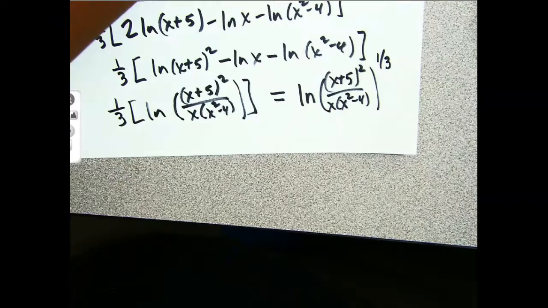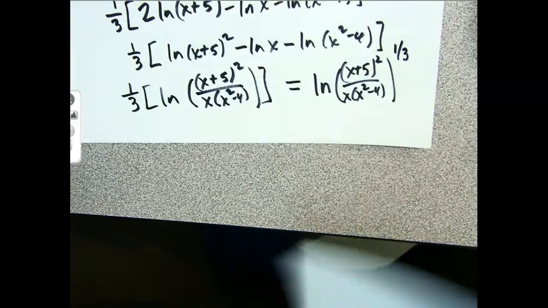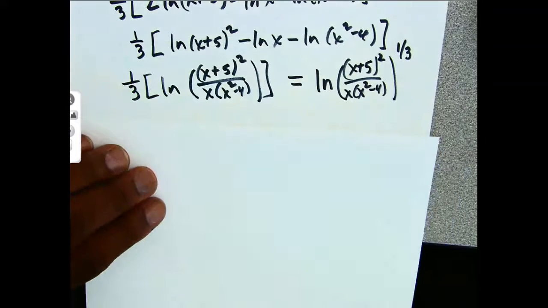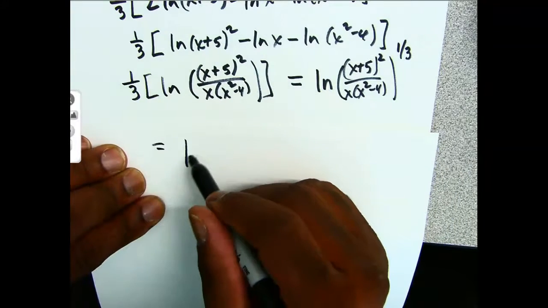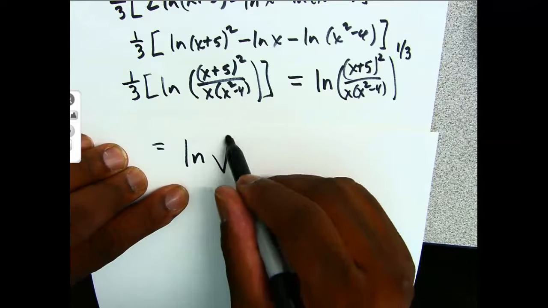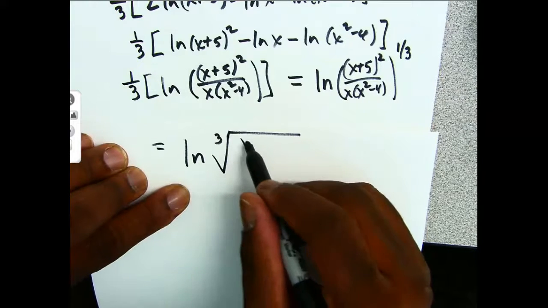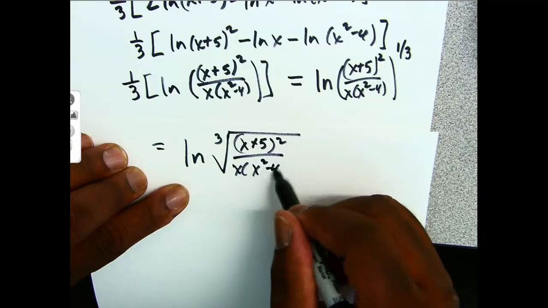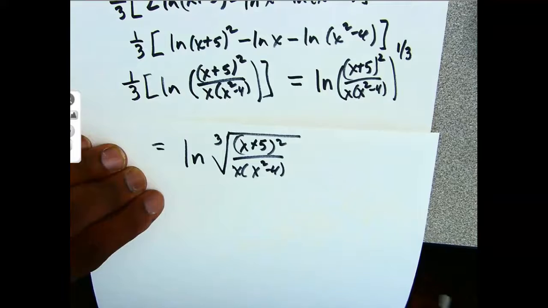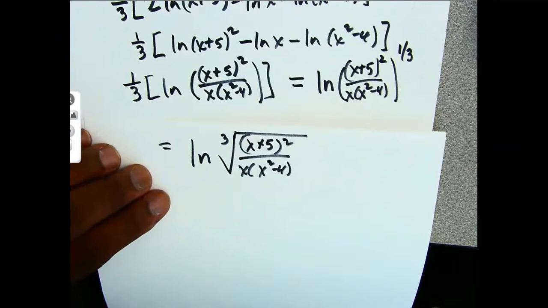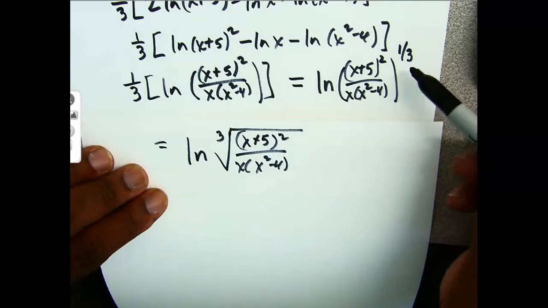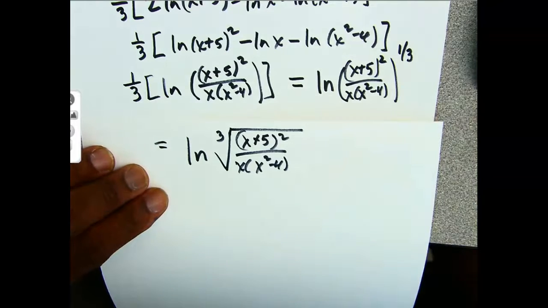Do we write the natural log of x plus 5 squared over x times x squared minus 4, to the 1/3, or do we write it as the natural log of the cube root of x plus 5 squared all over x times x squared minus 4? Either way is fine. Now, I will tell you that your quiz today is multiple choice, so you have to look at the distractors to see if they're going to give you the final answer like this or like that.